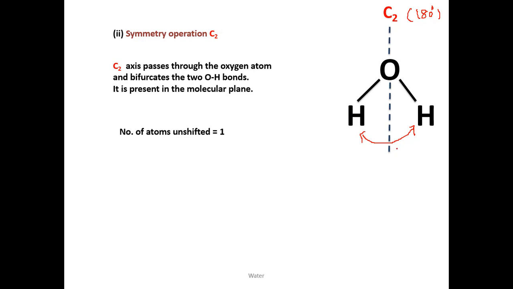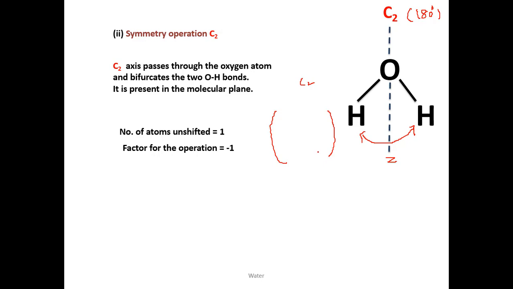Now we are going to look at the factor. The factor for the C2 operation is given as -1. Let us find out how we get this -1. C2 is the only axis present in this point group, and so that will be the principal axis. Principal axis by convention is along the Z axis. So if you write the transformation matrix for C2 operation, Z will not get changed.